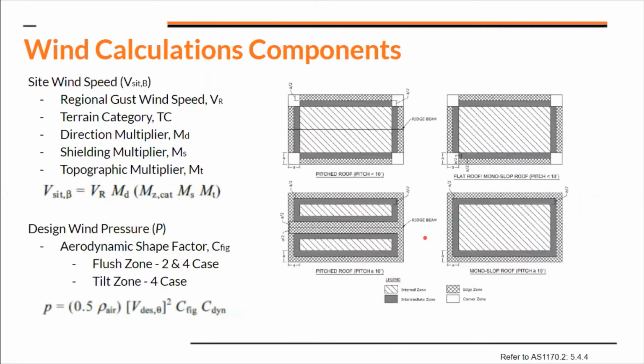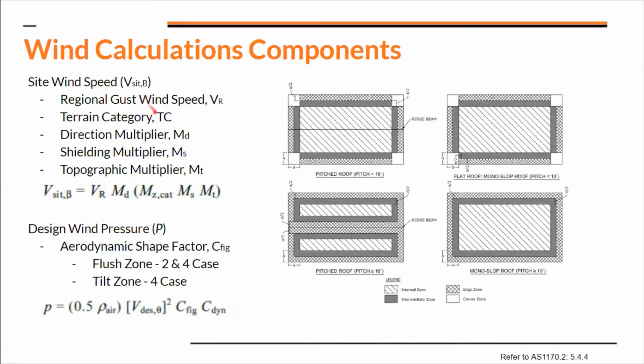Now, I don't want to go into the mathematics of the wind calculation. It is quite complex. The reason I bring this up is to let you know that there are too many variables that come into play when we're assessing wind. It's not just one thing, and each of these variables holds a different amount of weight in the formula. Some variables may be quite a small number or a small reduction in factor, but other variables hold more weight.